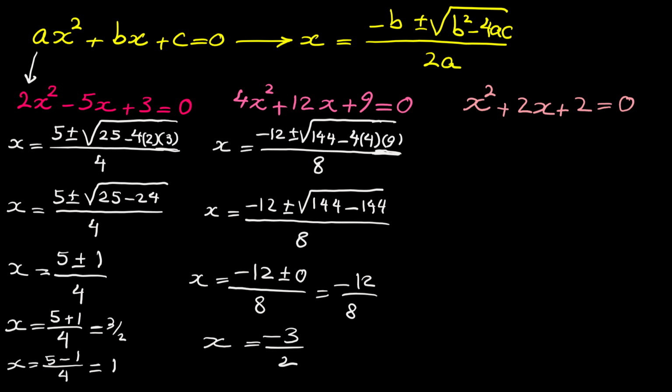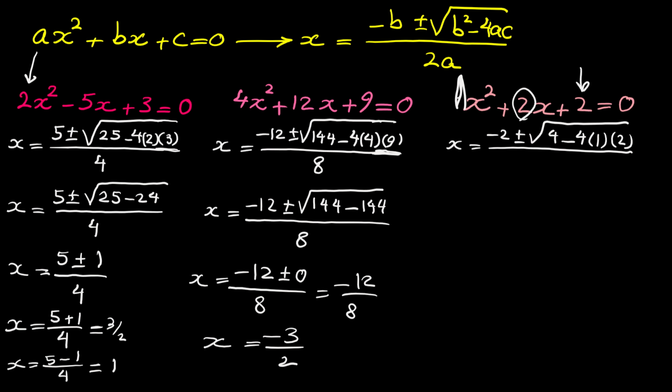Now, let's try the next example: x^2 + 2x + 2 = 0. Again, we use the quadratic formula. Based on the quadratic formula, x is negative 2 plus or minus the radical of b^2. b is 2, 2^2 is 4, minus 4 times a, which is 1, times c, which is 2. Look at the inside of the radical.